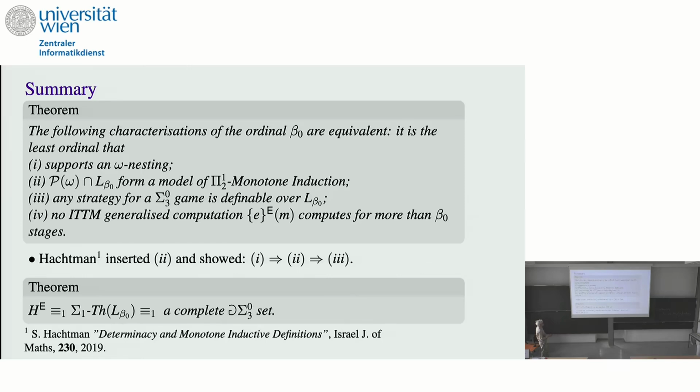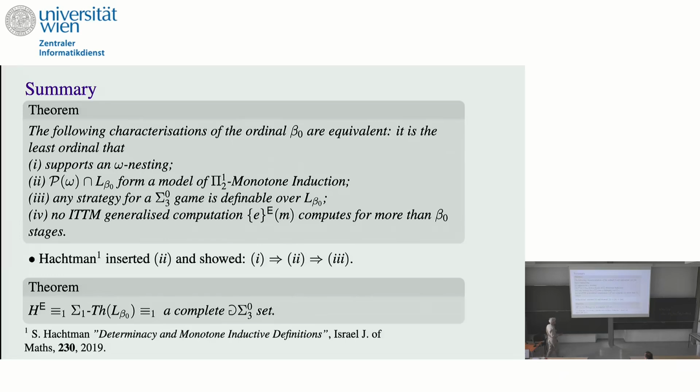And indeed, he showed that in many places, ordinals that support omega nestings give you these models of pi12 monotone induction. It's an open question as to whether every nesting gives a model of pi12 monotone induction. And so he showed in his paper 1 implies 2 implies 3.